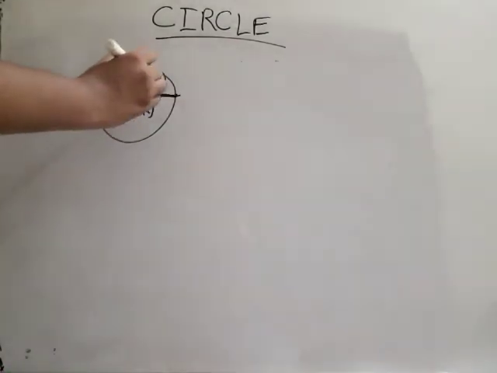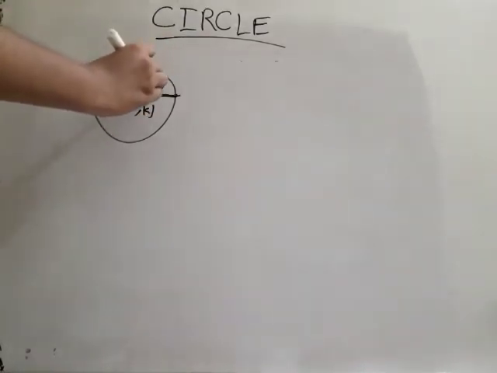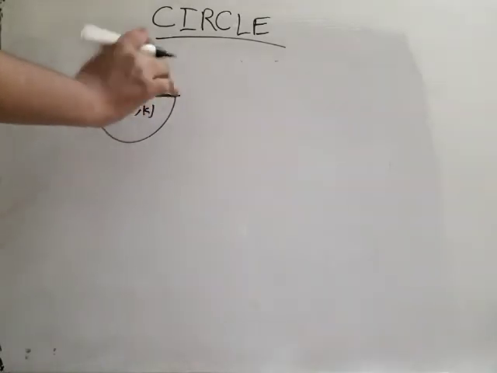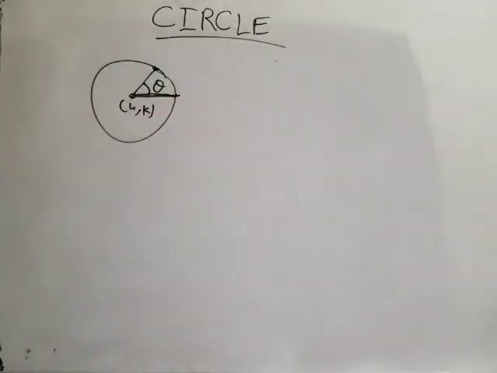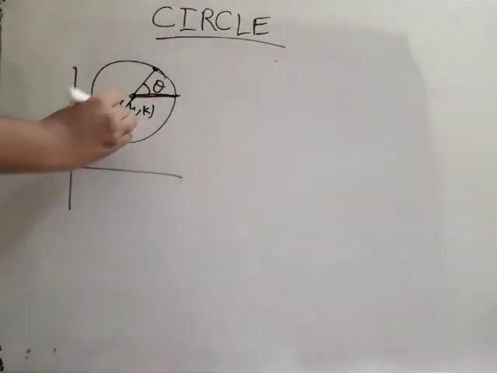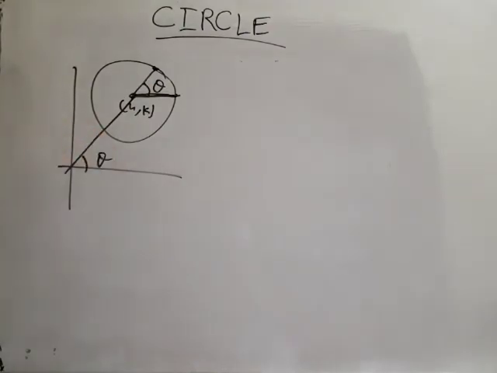At any point on the circumference, when the radius of that point makes an angle theta with the line parallel to x-axis, then this line, if extended towards the x-axis, it will also subtend an angle theta. It may not pass through the origin, but it will always subtend an angle theta at any point where it cuts the x-axis.